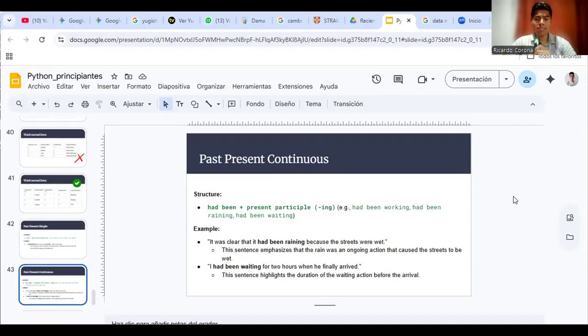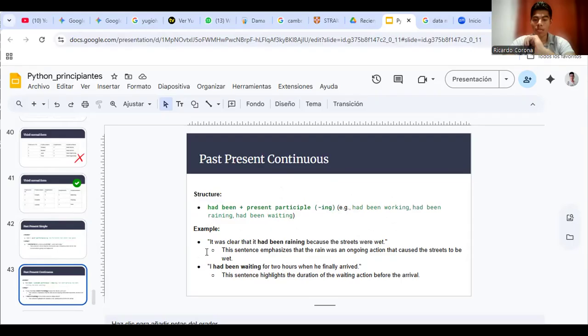And this is the structure of the past perfect continuous: the subject I, she, he, it, plus had been plus the present participle, the verb plus ing, like had been working, had been raining, had been waiting.